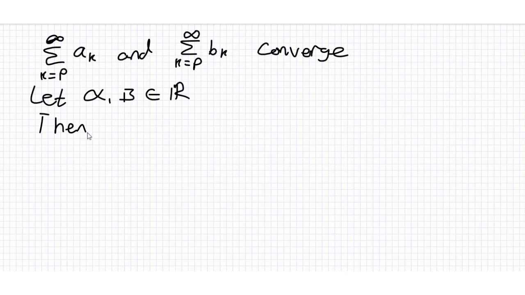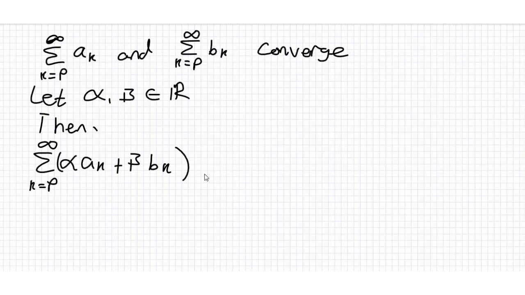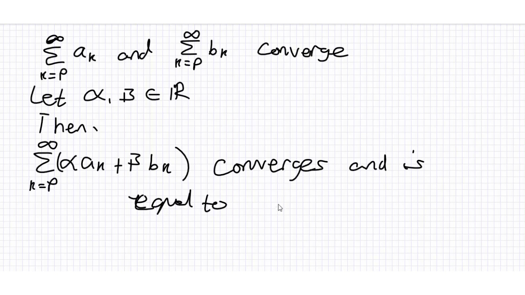Then we have this rule for adding them: the sum from K equals P to infinity of alpha AK plus beta BK converges and is equal to alpha, the sum from K equals P to infinity of AK, plus beta, the sum from K equals P to infinity of BK.